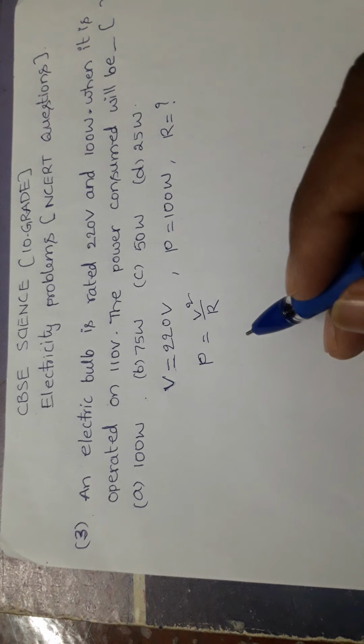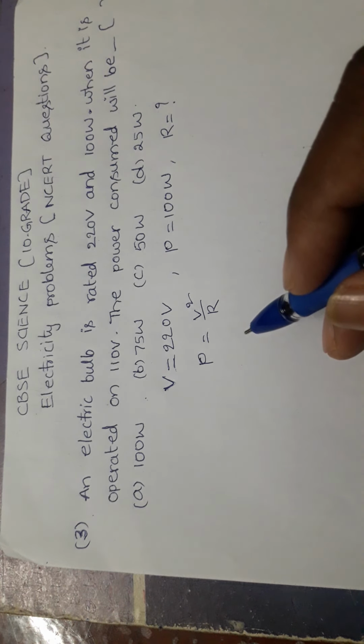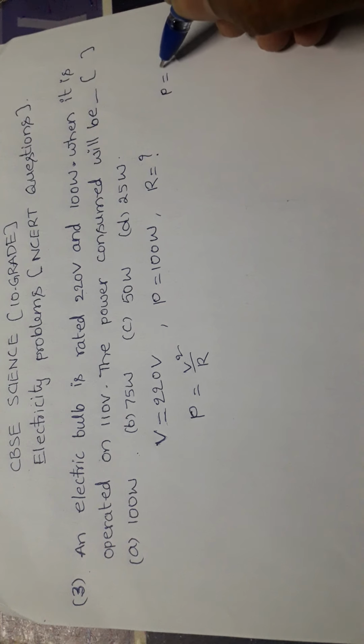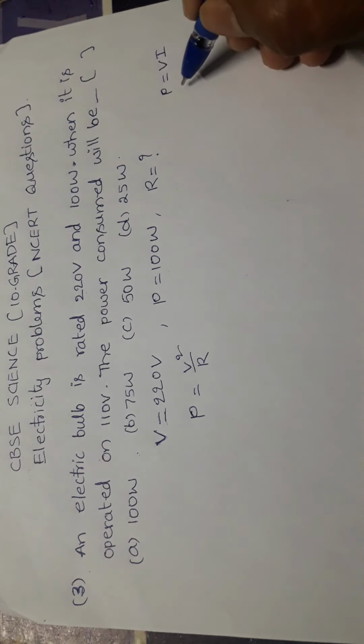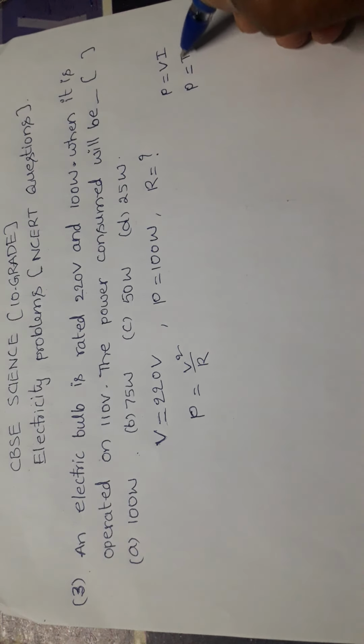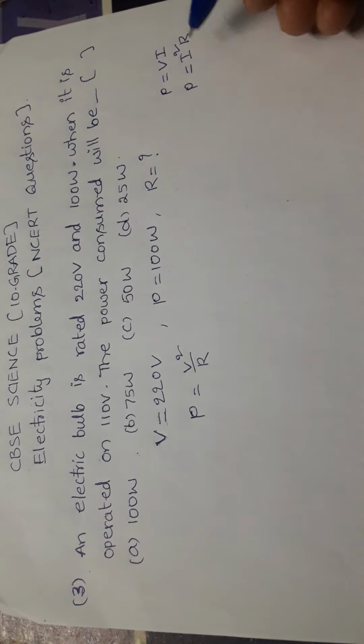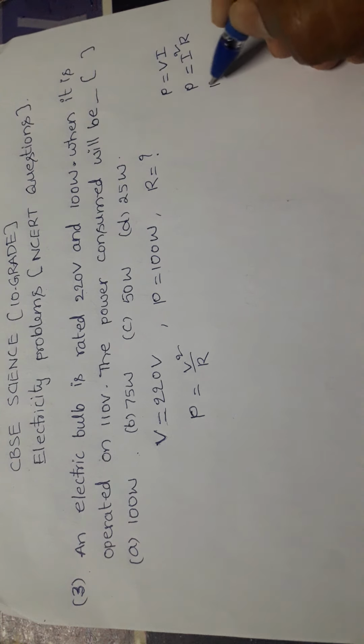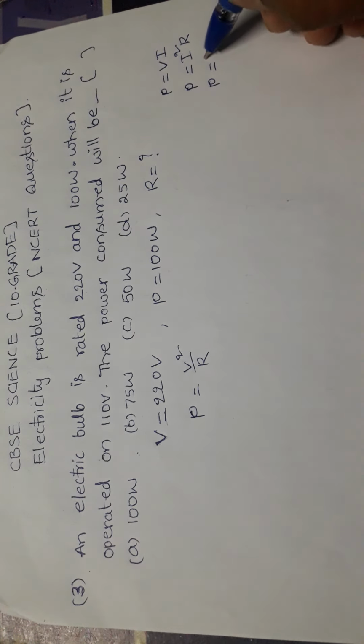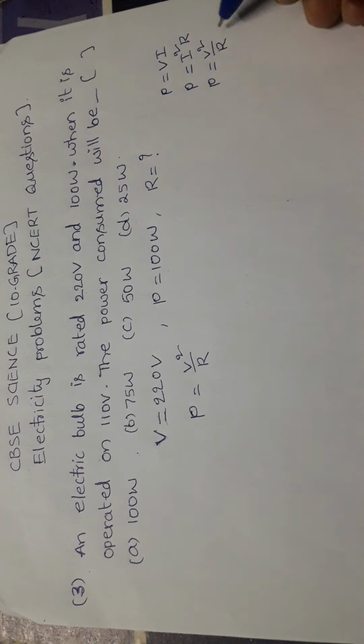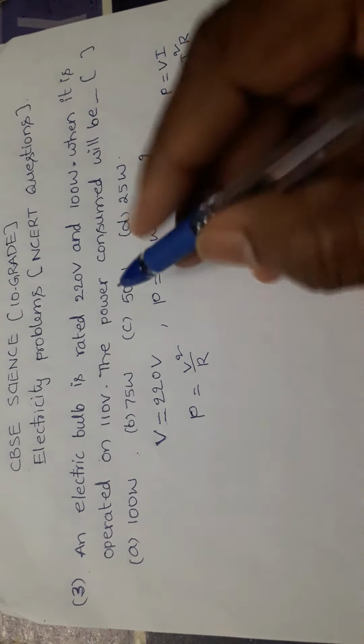In the same way, P is equal to I square R. And the third formula is P is equal to V square by R. I mean three types of formula. These three formulas are used for power.